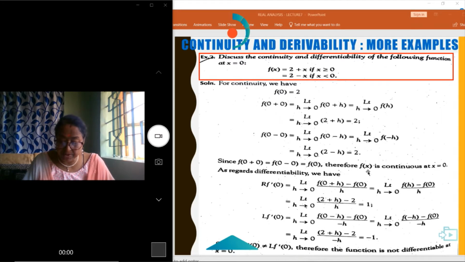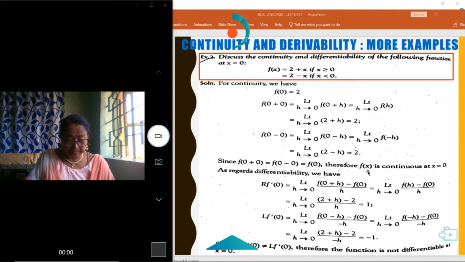For f(0+0), that means x more than 0, the first function 2 + x should be taken, and here x is equal to 0. So here f(0) is 2, f(0+0) is 2 and f(0-0) is also equal to 2.